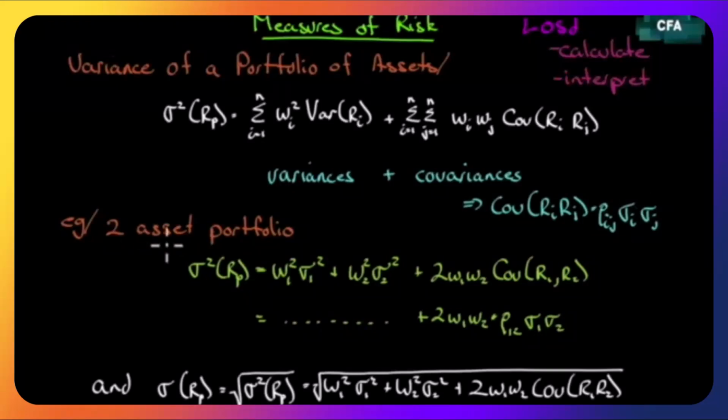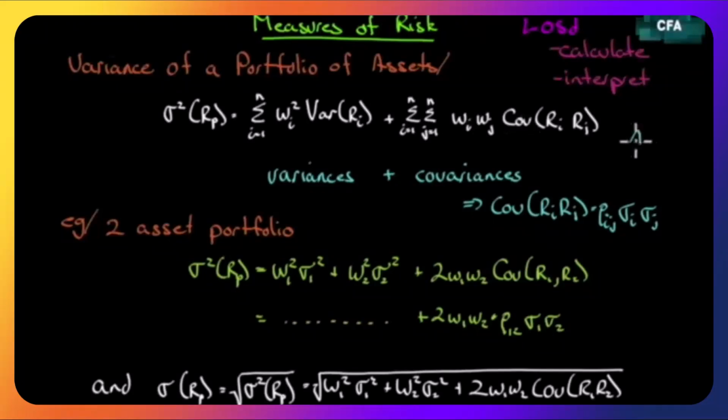So if we had a two-asset portfolio, what would it look like? Well, it would be the variance of the first asset multiplied by its weighting squared, plus the variance of the second asset multiplied by its weighting squared, plus here we have wi, wj. Now remember, we have a covariance.